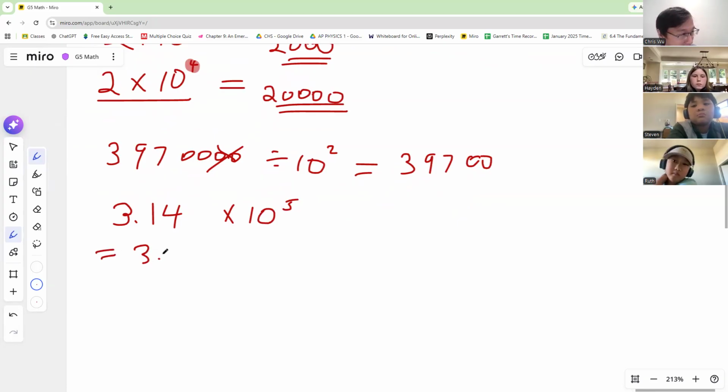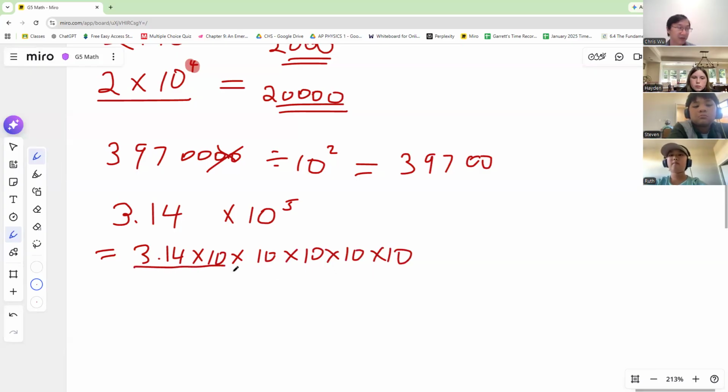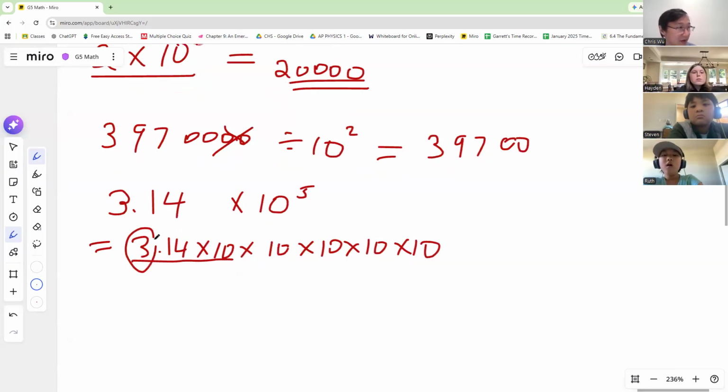So this is 3.14 times 10 times 10 times 10 times 10 times 10, right? So what happens when I do 3.14 times 10? Well, I'm making it 10 times as big, right? So a 3 becomes a 30. A 0.1 or 1/10 becomes just 1. And the 4/100 becomes 4/10.